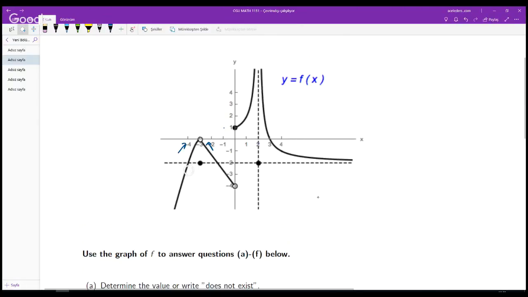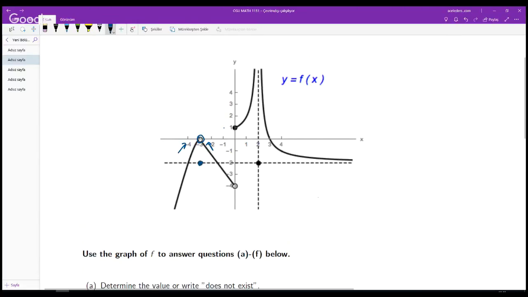The thing here is, I see an open dot here, which means that the function value is not represented at y equals 0. I see another dot here, which represents the function value.